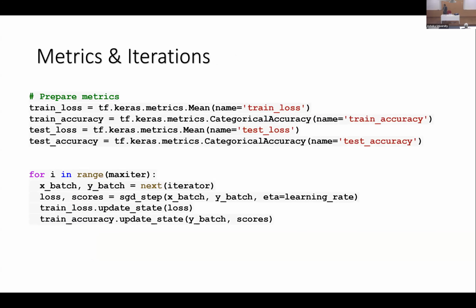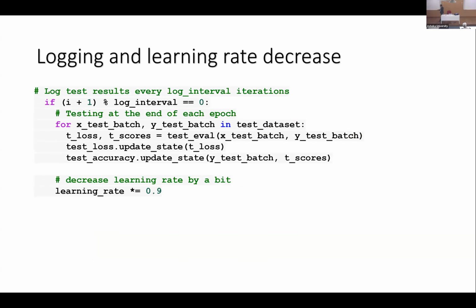Okay. And then some metrics are there, for example loss and accuracy, those are being selected. Here the loss is being calculated and updated, and things are recorded every few iterations.